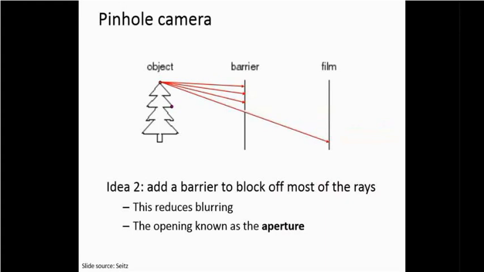And then if you've got a different 3D point on the scene from a different direction, then only light from some other direction will pass through the barrier and onto the film. So once we put this barrier with a little hole in it, then every position in the film corresponds to the light coming from one particular direction in the scene. So note that any point along this ray will still cast light onto this pixel.